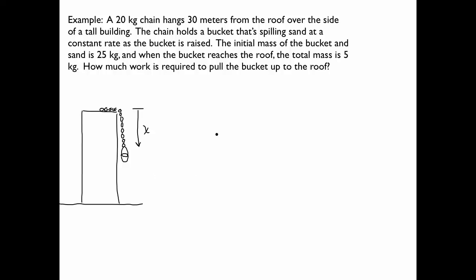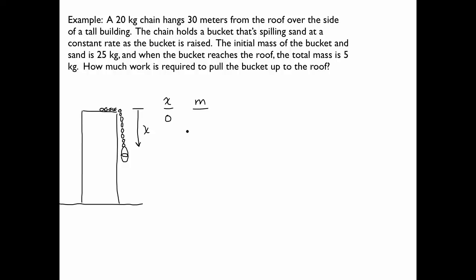So that when all 30 meters, so let's talk about X and mass. So when X is 0 up here at the top, or maybe just a little bit, like 0.00000001 meters, how much mass are we pulling up that last little bit?